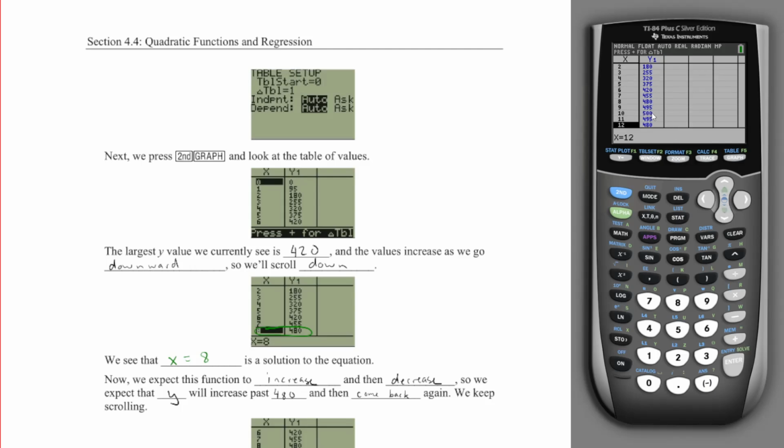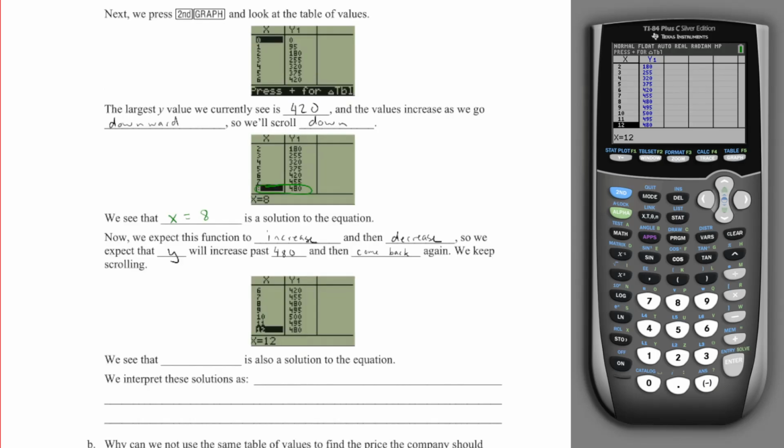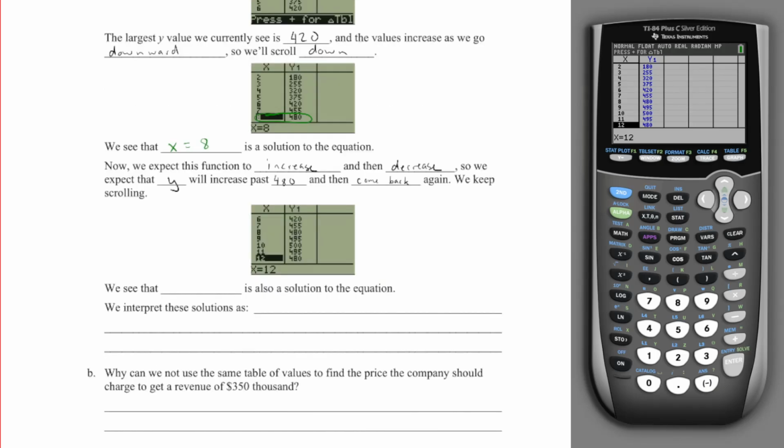Oh, it looks like y went up to 500 and then turned around. And it came back, and y is 480 again when x is 12. So we have a second solution. When x is 12, y is 480. So x equals 12 is a second solution to this equation.